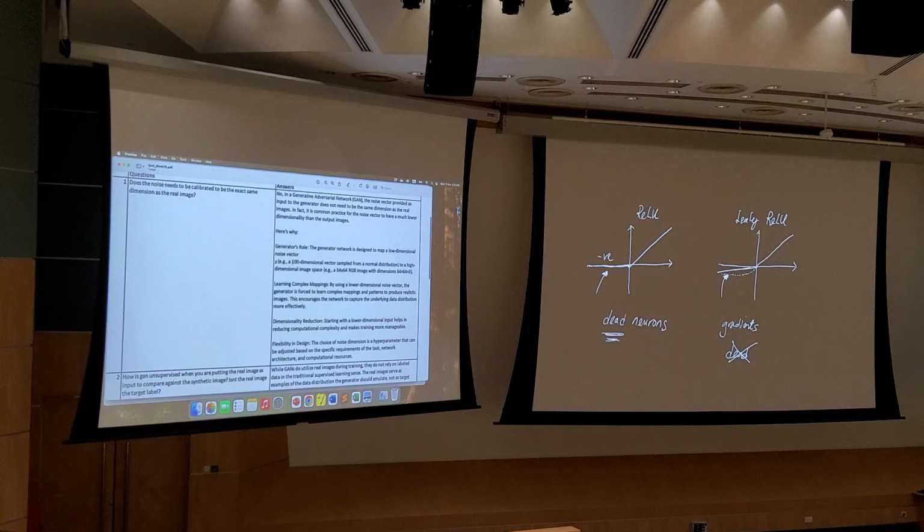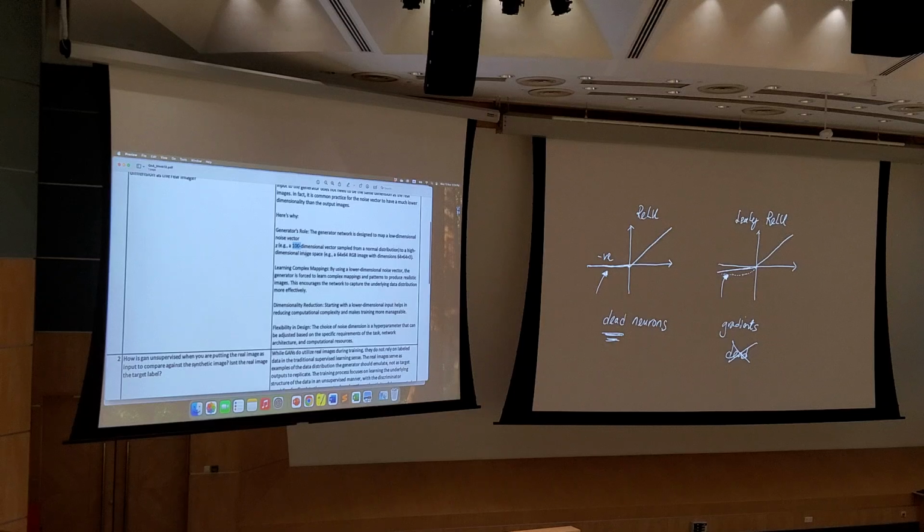It's usually like 100 or 256 dimensions. We don't want to make it overly huge, because the goal is to compress your knowledge, compress everything into a low dimensional space. The latent should be low dimensional.